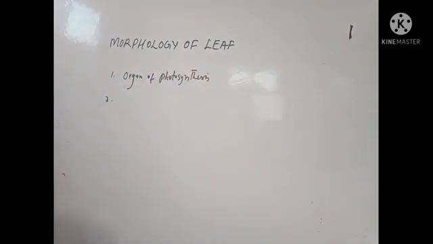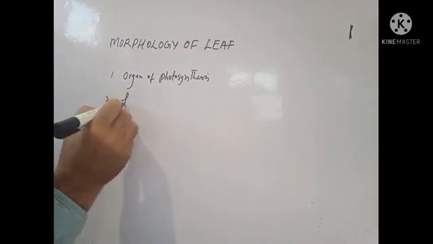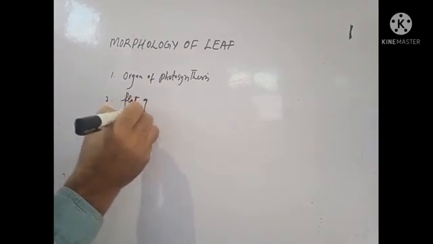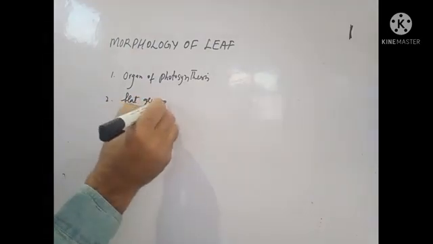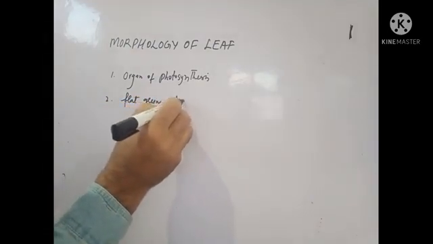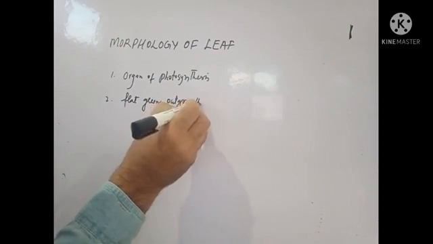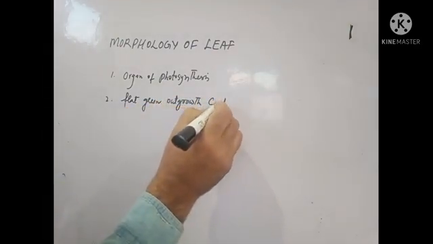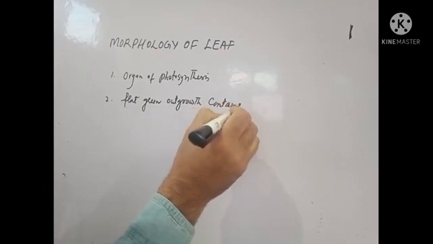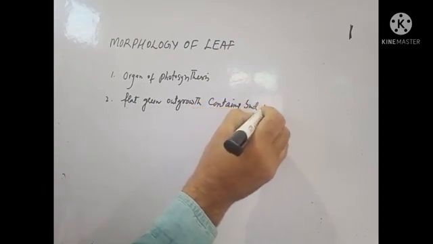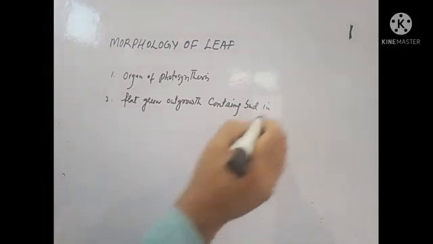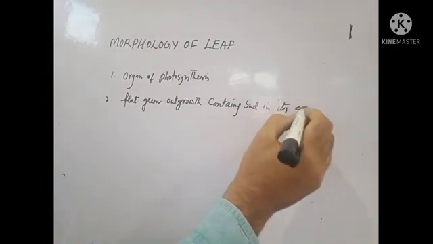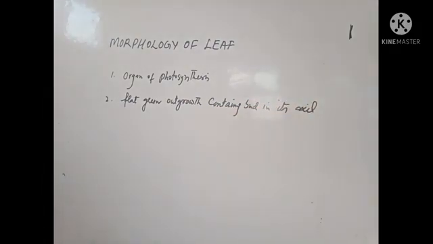We will also write that it is flat, green outgrowth containing bud in its axil. लीफ में ही क्लोरोफिल होता है और इसी में फोटोसिंथेसिस हो जाती है.